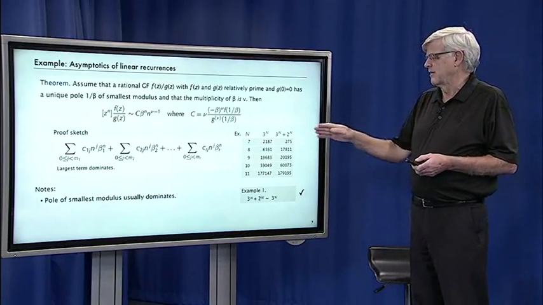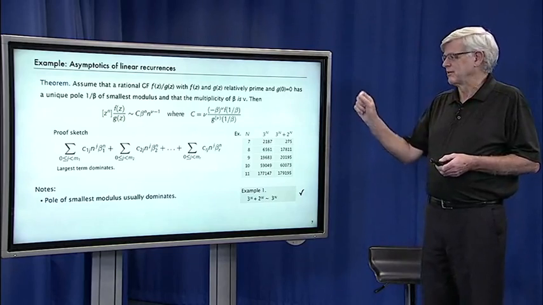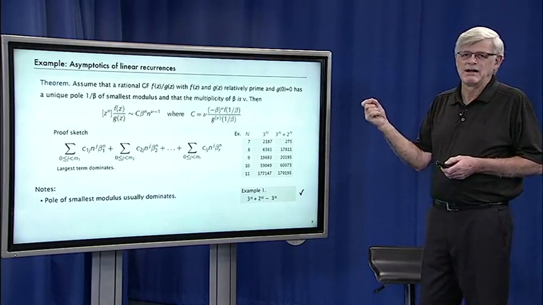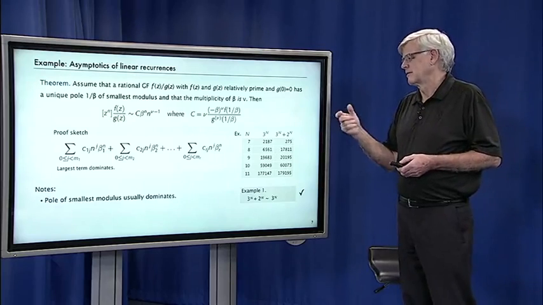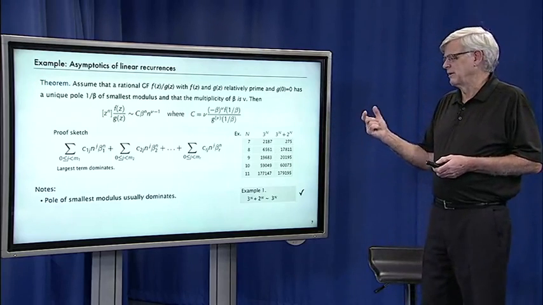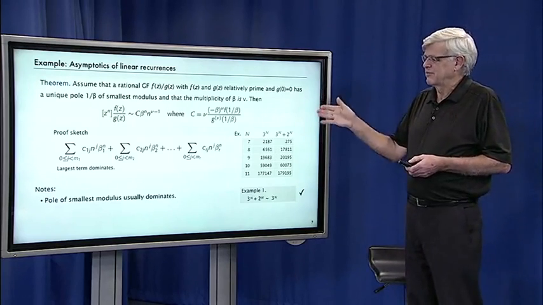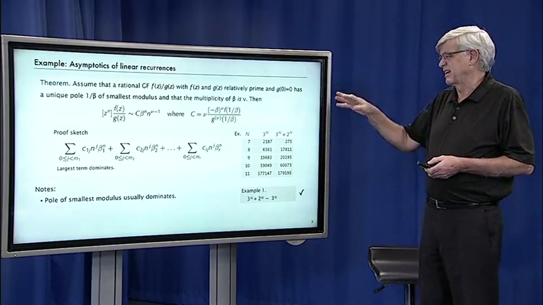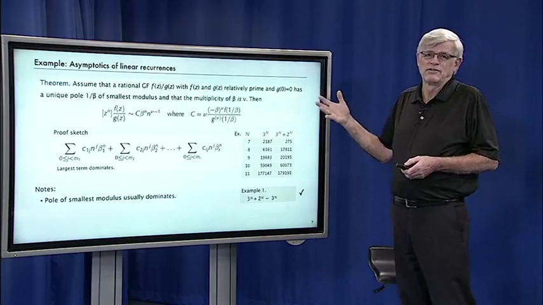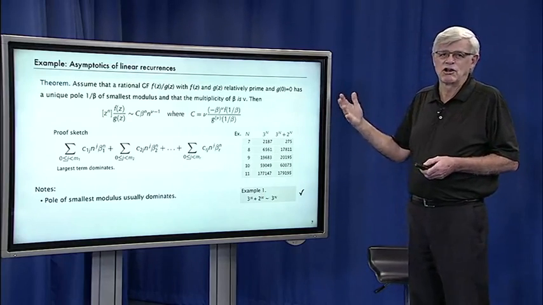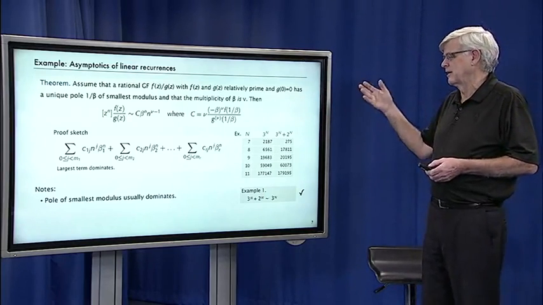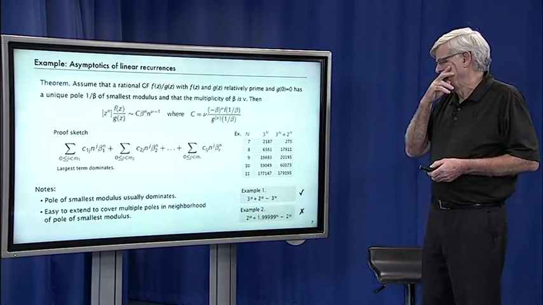So usually that pole of smallest modulus, the place where the denominator goes to 0 closest to the origin, is the one that really matters. And I've emphasized this because this particular scenario turns out to be very important in a general context later on in analytic combinatorics.